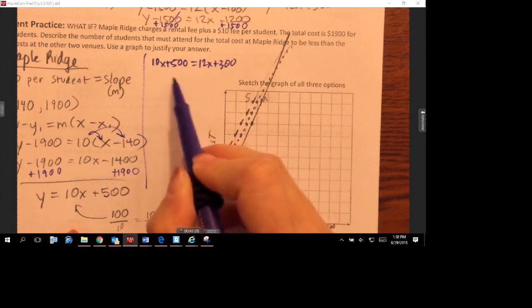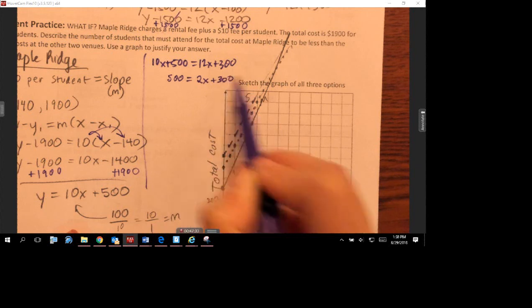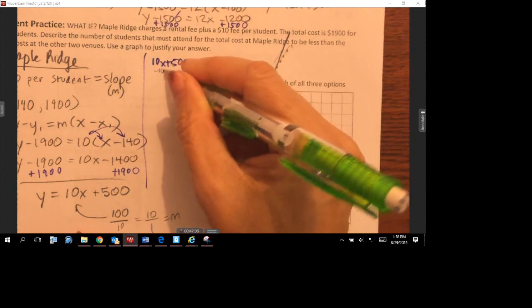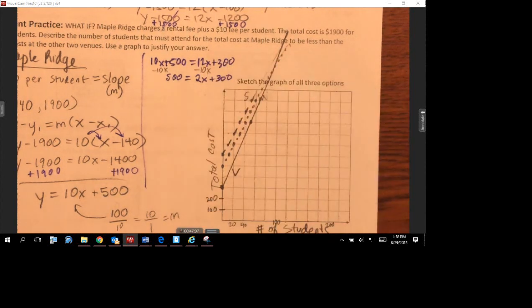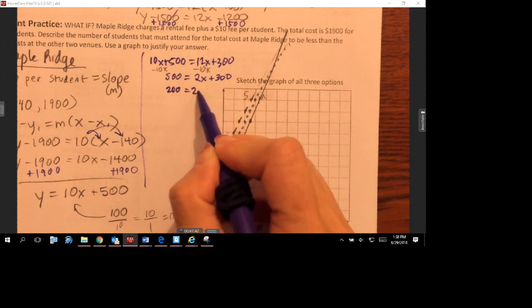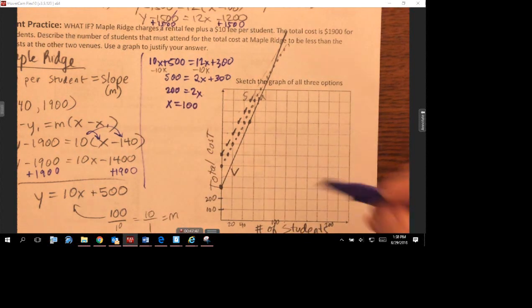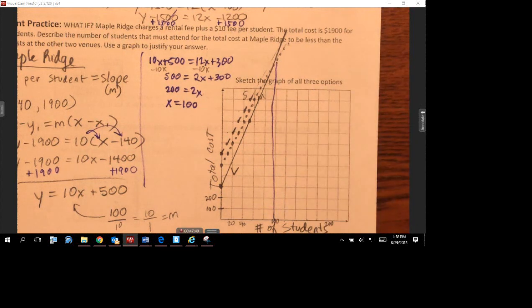So subtract 10x, and then subtract 300, and we get 100 students. So out there at 100 students, if my graph is big enough, is where they cross. So Maple Ridge is the lowest line after how many students? 100. So that would be our answer.